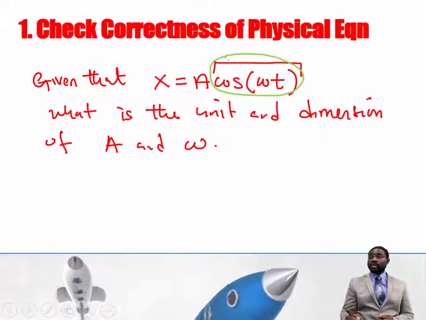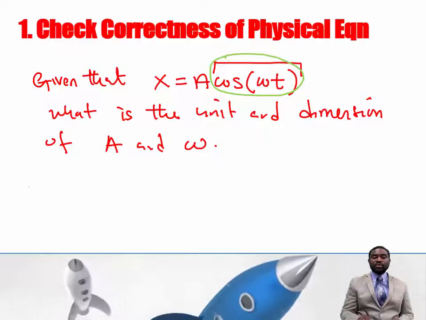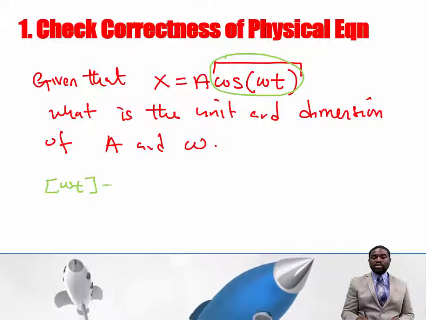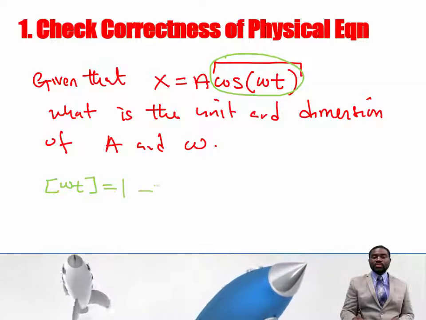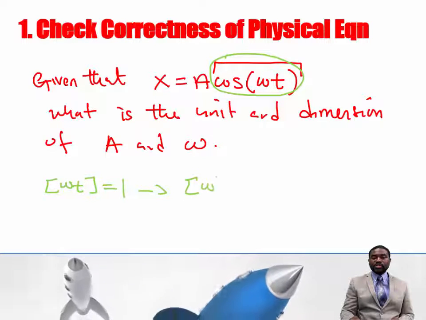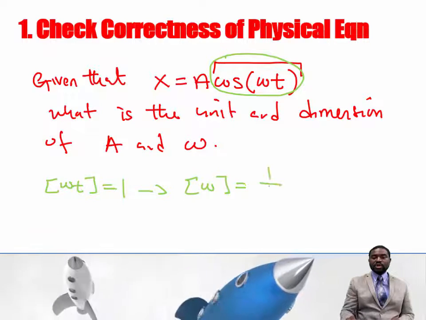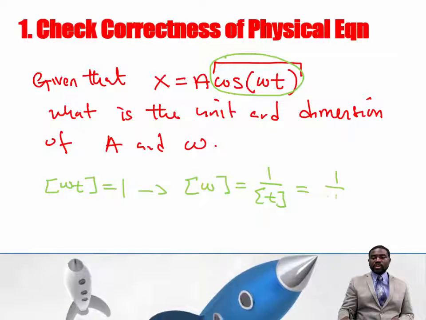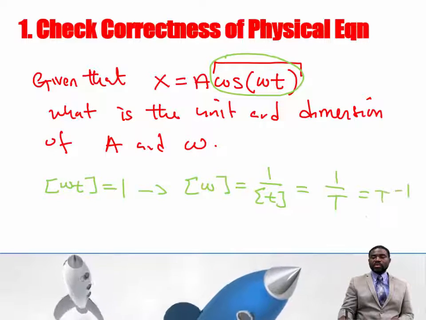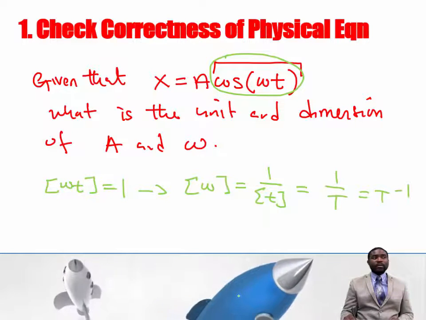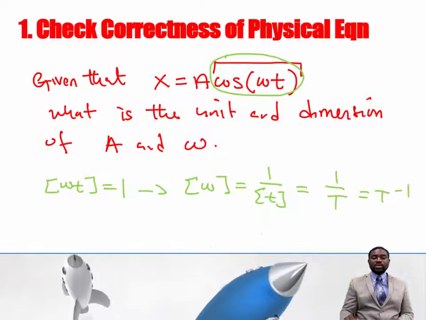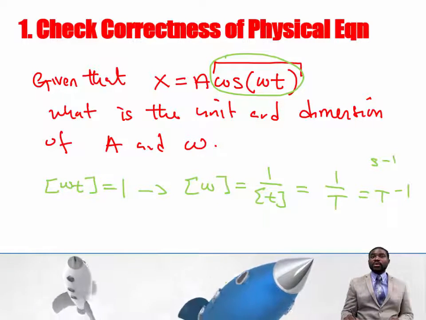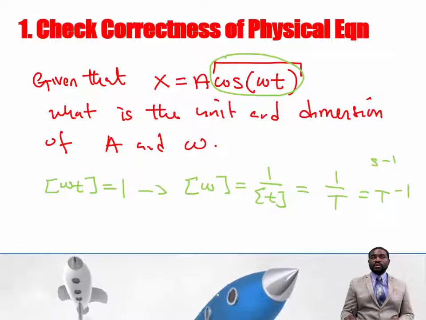Therefore, the dimensions of omega t should be equal to 1, which means that the dimensions of omega will be equal to 1 divided by the dimensions of t. This is 1 over capital T, or T raised to the power minus 1. As a result, the unit of omega is just seconds raised to the power minus 1. Do you feel me?